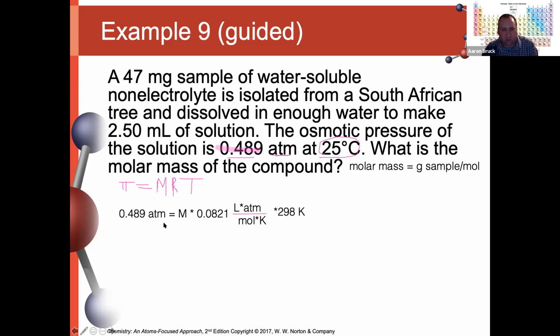So if I do out my algebra, my molarity is going to be equal to 0.489 divided by 0.0821 divided by 298. My molarity to three significant figures is 0.0200 moles per liter.